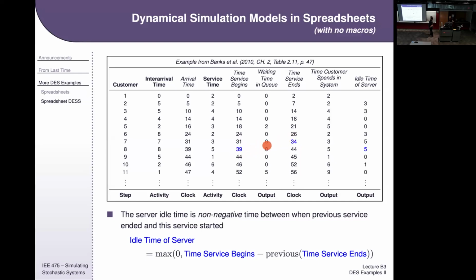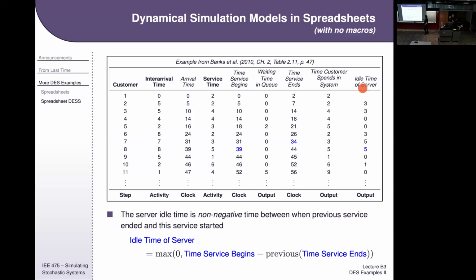So the gap between this here was the idle time in the server. So this server, before servicing this customer 8, the server sat idle for 5 minutes between customer 7 and 8. That's what this is saying right here. And if these two happen to be negative or 0, then we take the 0.